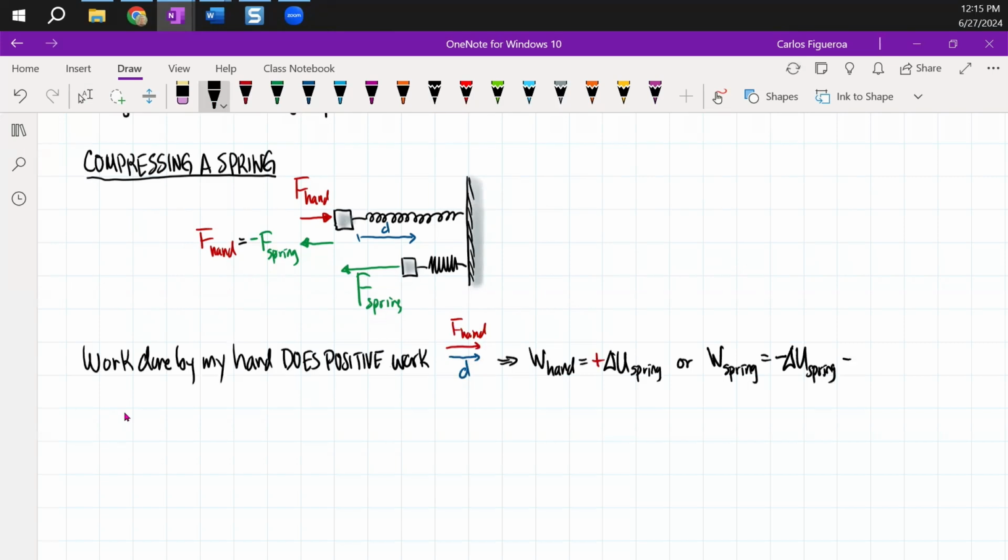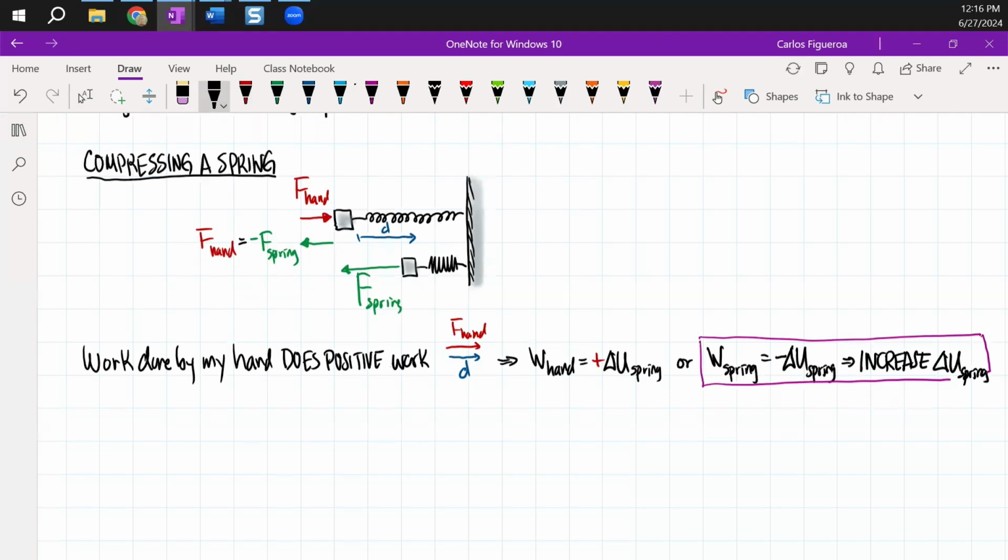And this causes an increase in delta U spring. So the key point here that I'm showing is this right here. The negative work of the spring caused an increase in spring potential energy.